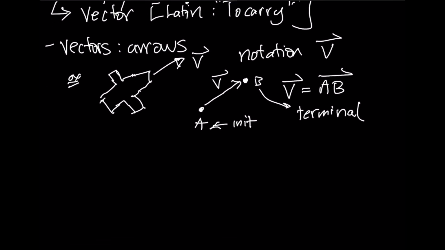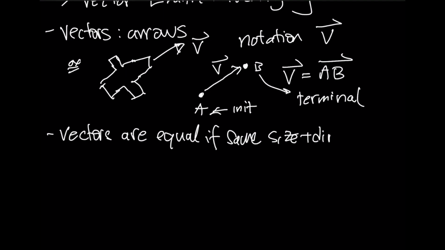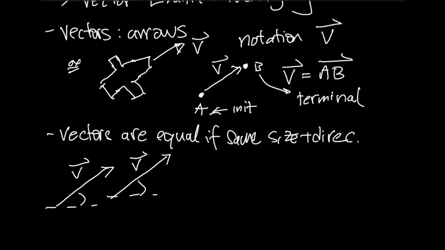With those basics in mind, vectors are equal if they have the same size and direction. So if you take a look at it, as long as the angle that it makes relative to something and the length of the vector are the same, then we'll say that the vectors are all equal.